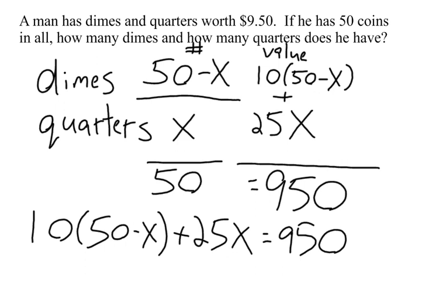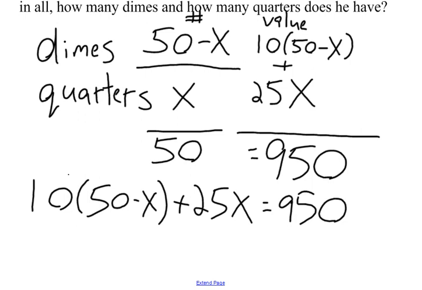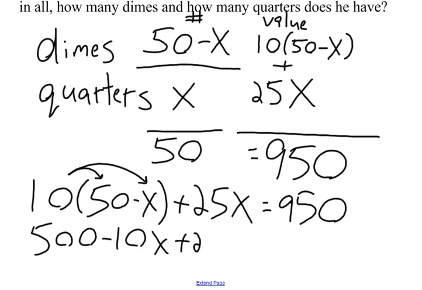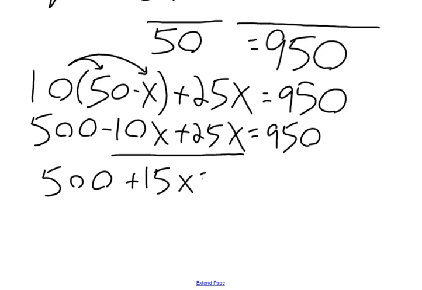And now this is the kind of equation that we should be able to solve. I can distribute here and get 500 minus 10x plus 25x equals 950. I can simplify my x's and say I have 500 plus 15x equals 950.